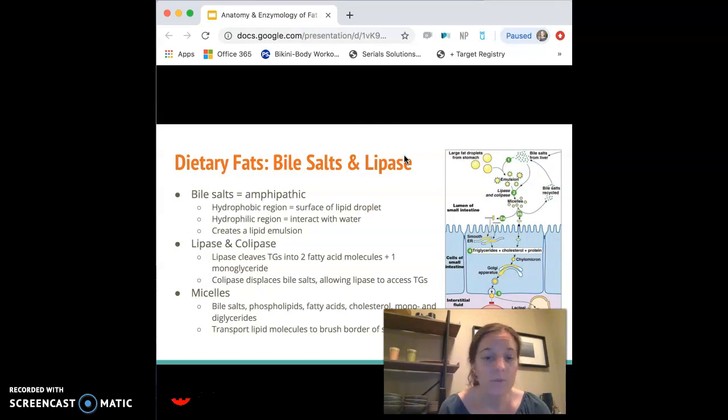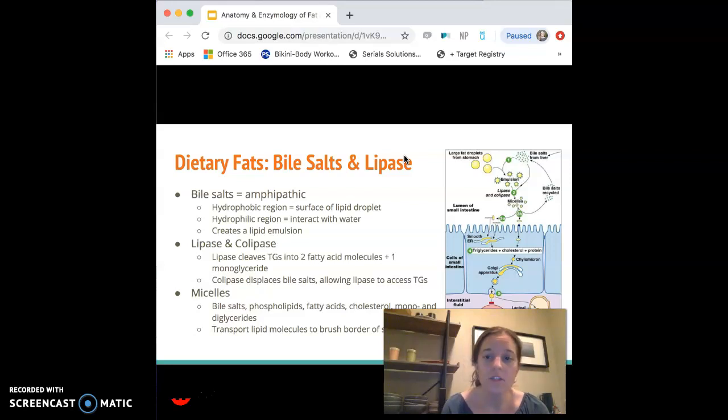as food moves throughout our digestive system, and specifically when we think about fats, we have what are considered fat droplets that move from the stomach in the chyme after the initial digestion with gastric lipase. Now these fat droplets, due to their size, have less surface area for enzymatic digestion to occur, and that is why we have the additional digestive assistance from bile salts in addition to the different enzymes.